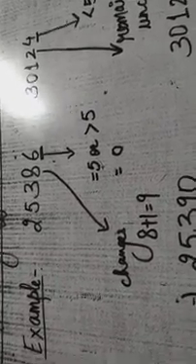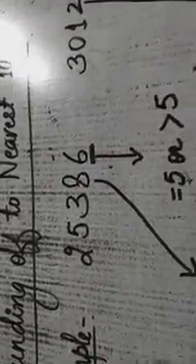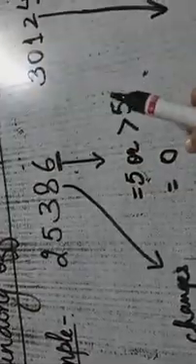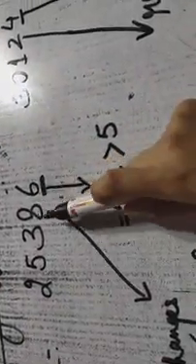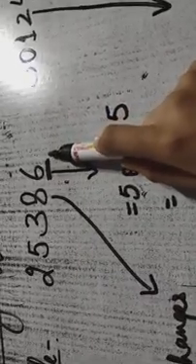Okay, so here we are taking an example, that is 25386. Okay, so we are saying we have to round off this number to the nearest tens. Nearest tens means this 8 is at tens position. We'll not see 8, we'll see 6, the ones position digit.